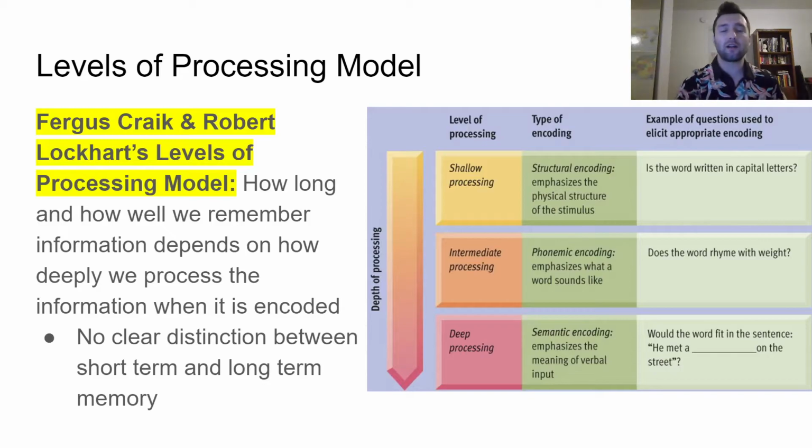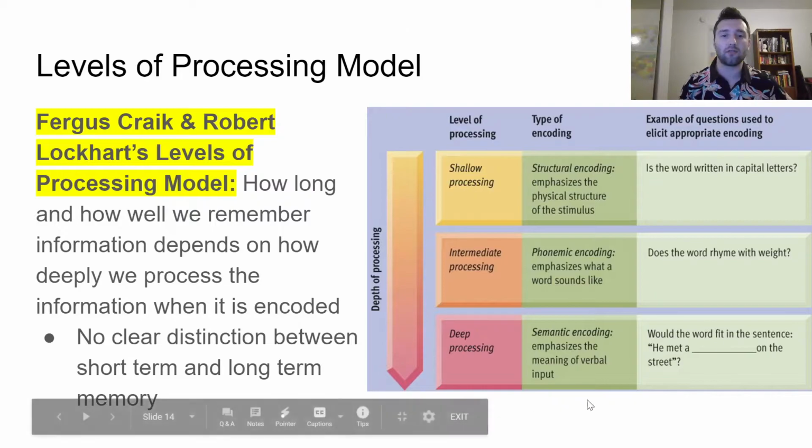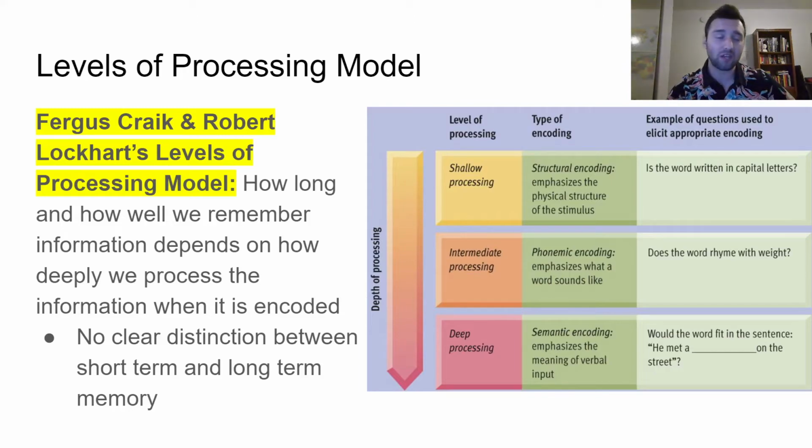Now, they're not going to make any distinctions between short-term versus long-term. They're saying it's all about depth. So if we process something in a very shallow way, we're not going to remember it for very long. If we process something in a very deep way, we're going to remember it for a long period of time. You can see an example of this model right here on your right. There's shallow processing, and sometimes intermediate processing.